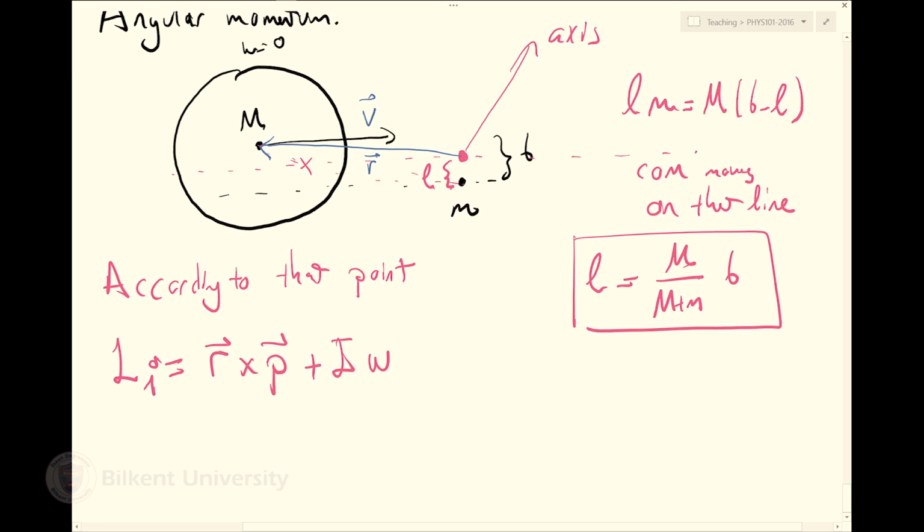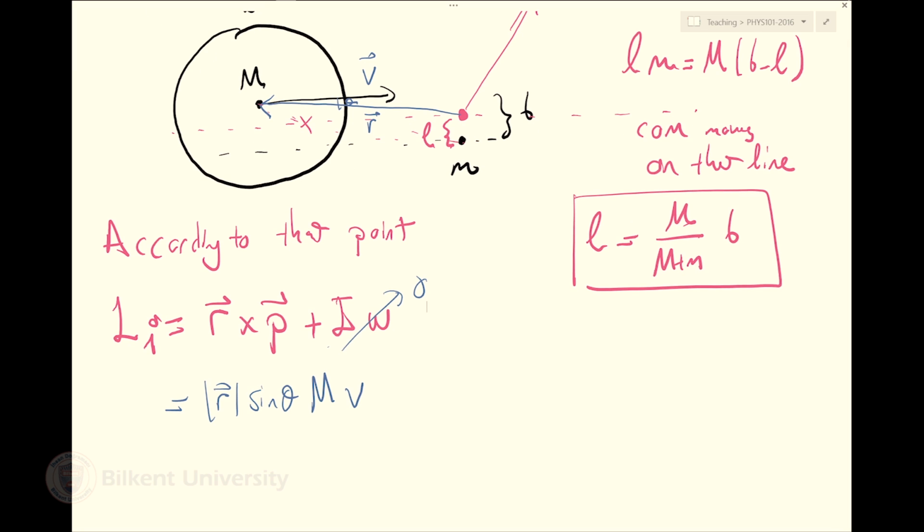So, what is R cross P? R cross P is, that angle is theta, R magnitude times sine theta times m times V. And I omega is 0 because omega is 0 initially. Okay? But R times sine theta is what? R times sine theta is exactly this length here.